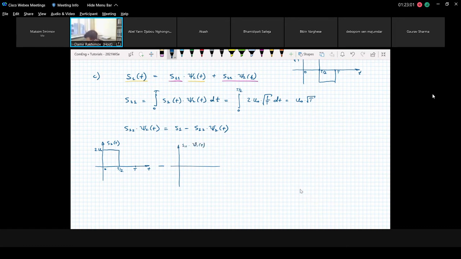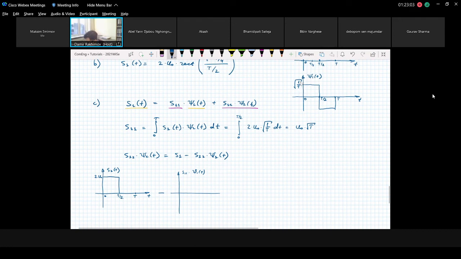Our basis function has amplitude 1 over square root of T, and times u0 times square root of T gives us amplitude u0. This is how our product will look. It will be 2 times smaller than our signal S1. And if we subtract the second part from the first, you see what you get.